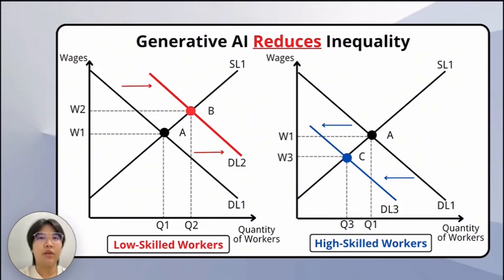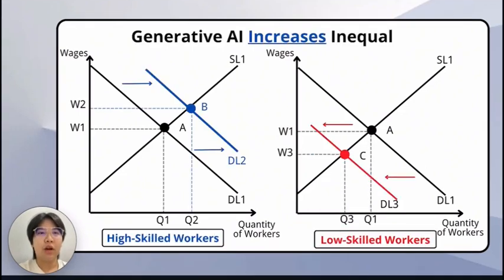The equilibrium for low-skilled workers moves to point B. The low-skilled workers receive a higher wage at W2, reducing inequality, but demand for high-skilled workers has decreased. DL1 shifts to the left to DL3. The equilibrium for high-skilled workers moves to point C. The high-skilled workers receive a lower wage at W3, which reduces inequality.